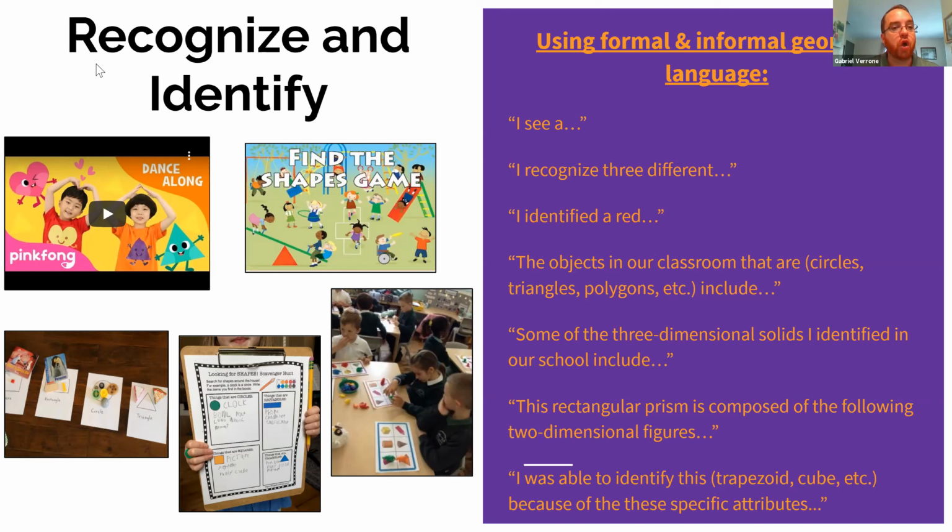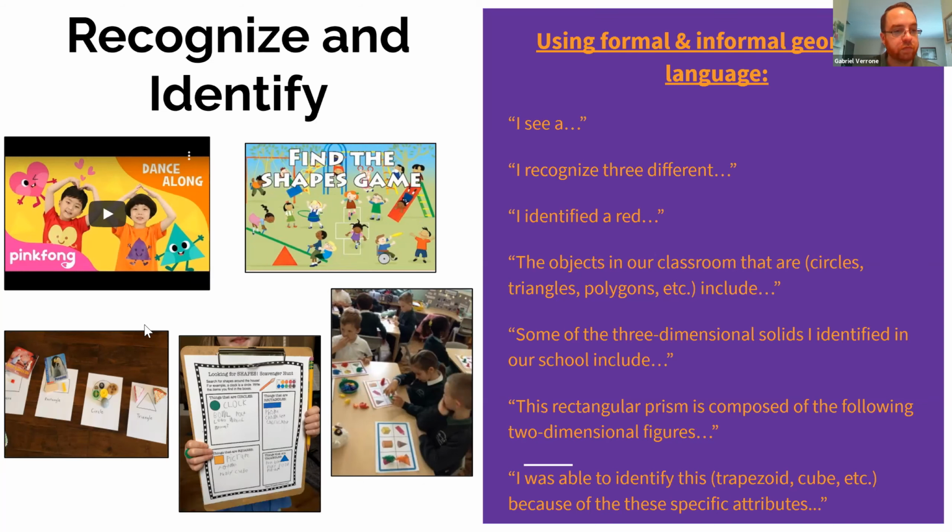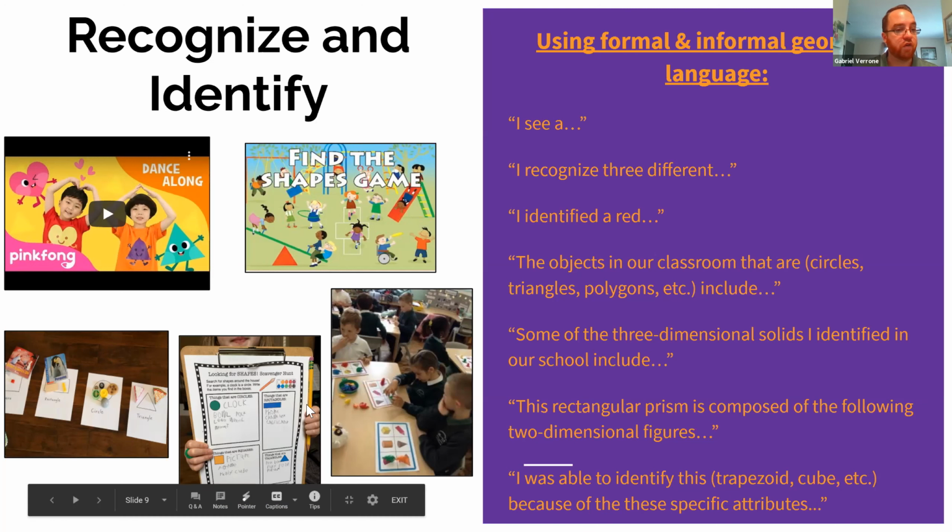So we also know doing specific read alouds that talk about shapes. Then there's having children identify real world objects in the classroom that are shapes as well, so that they're aware of their environment and that they're aware that the shapes and the figures that we're looking for are everywhere. We also can do that around the entire school.